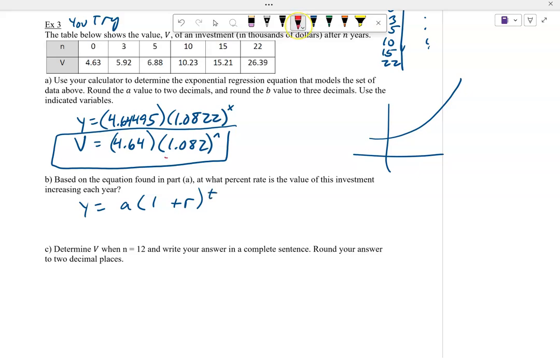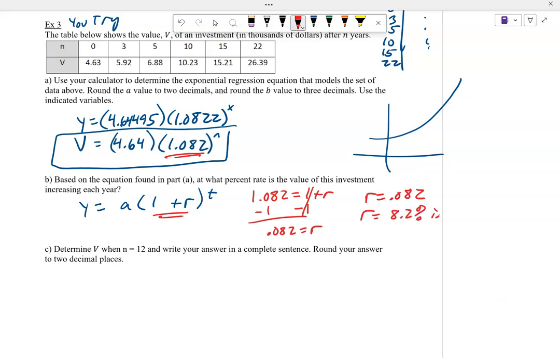So if I set 1.082 to 1 plus r, and I solve for the rate it's increasing per year, 0.082 is my r, so I got an 8.2% increase per year. That's what this investment is doing based on the data, all right?